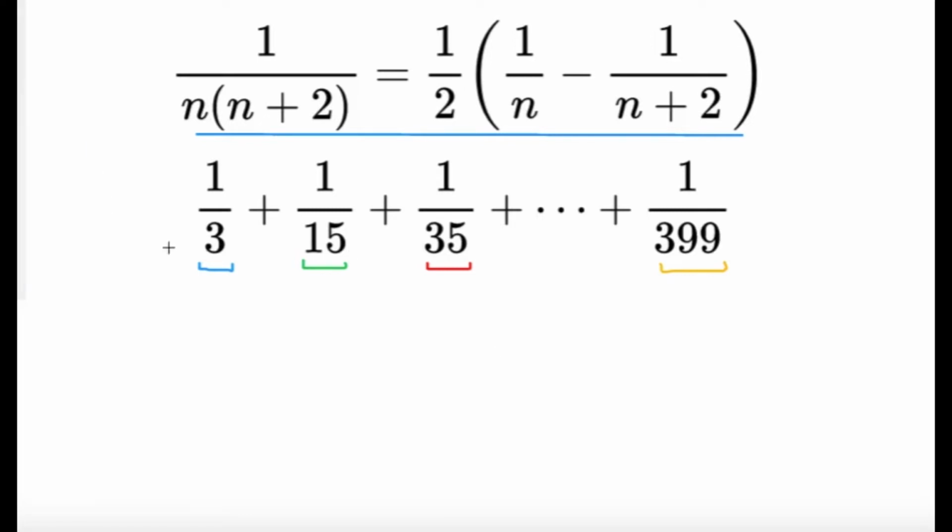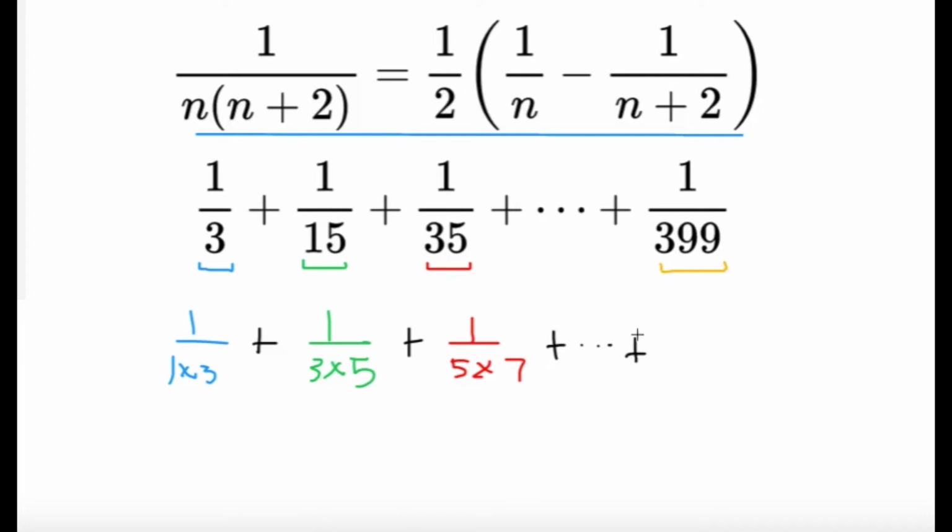Since I've mentioned in the earlier part of the video that 1 over 3 is technically 1 over 1 times 3, the 1 over 15, I can write as 1 over 3 times 5. The 1 over 35, I can write as 1 over 5 times 7. So on and so forth until the last term, 1 over 399, which I can write as 1 over 19 times 21. And that's the general pattern to be followed. Now, we have this identity, so I know that I can decompose this fraction into this form.